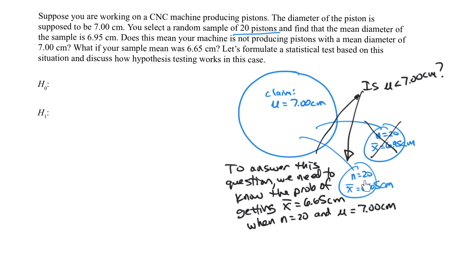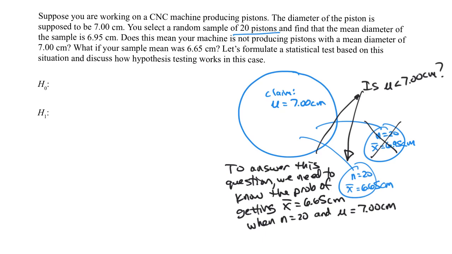We're going to take a look at a sample, and we're going to take a look at this claim, and we're going to say, well, assuming this claim is true, how likely are we to get this sample? And if this is really unlikely, then we're going to be more apt to say, you know what, I'm going to reject this. I don't believe this is true anymore.